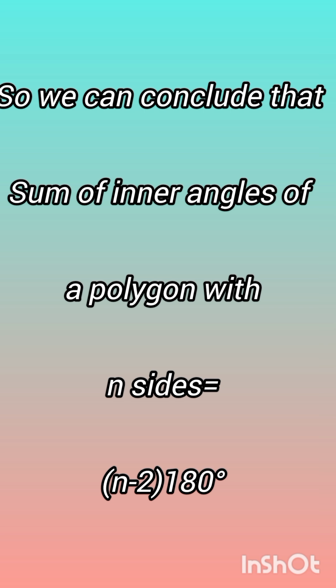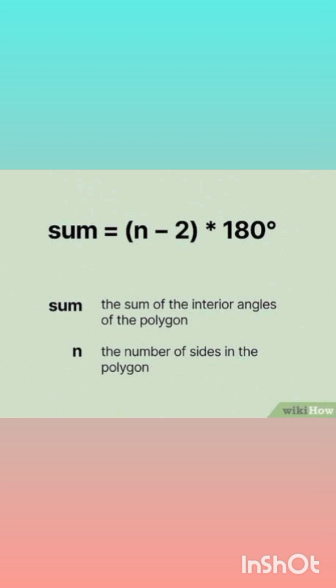We can also write the equation this way: sum of inner angles equals (n minus 2) into 180 degrees. Here, sum means the sum of interior angles of the polygon, and n means the number of sides of the polygon. Thank you.